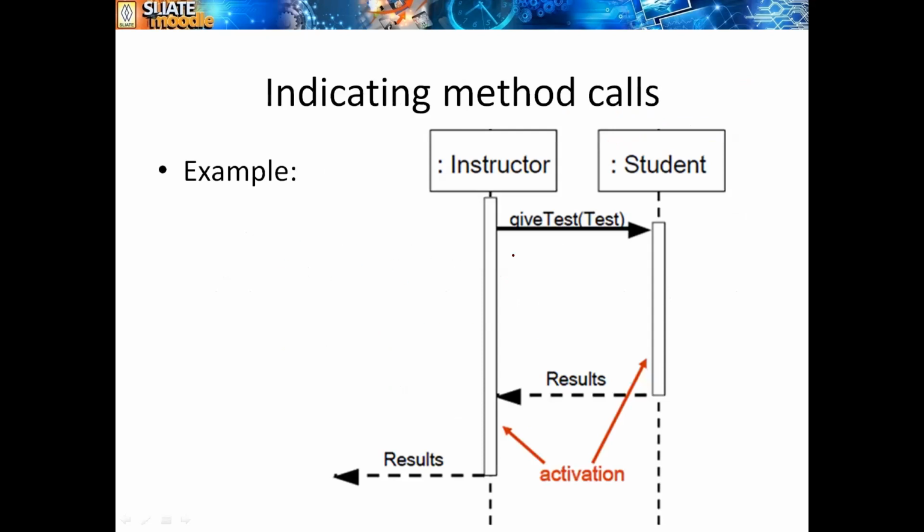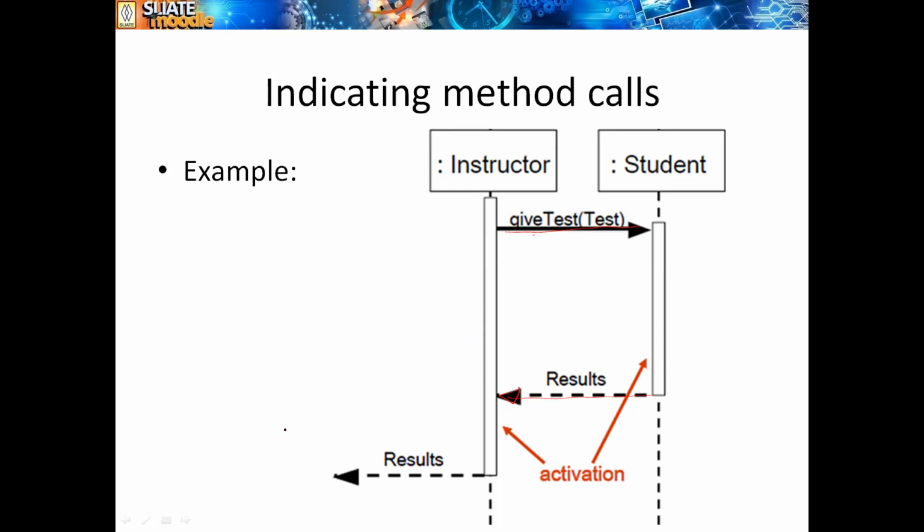You can see the method calls between instructor and student. The instructor gives a test to the student. After the student does the test, the result is sent to the instructor.